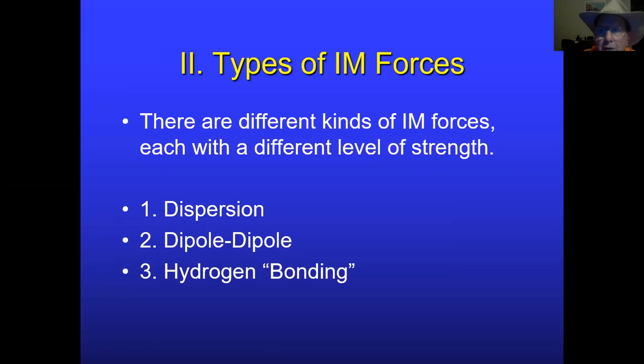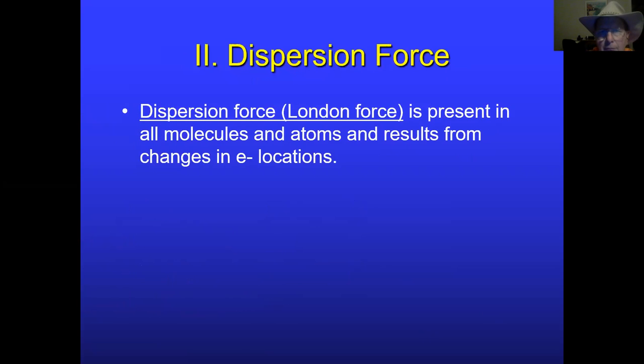A strong one are hydrogen bonds, and the strongest of all are ion dipole bonds. They go in terms of bond strength. Dispersion is the weakest, ion dipole is the strongest. So dispersion, London force, it's present in every atom and molecule.